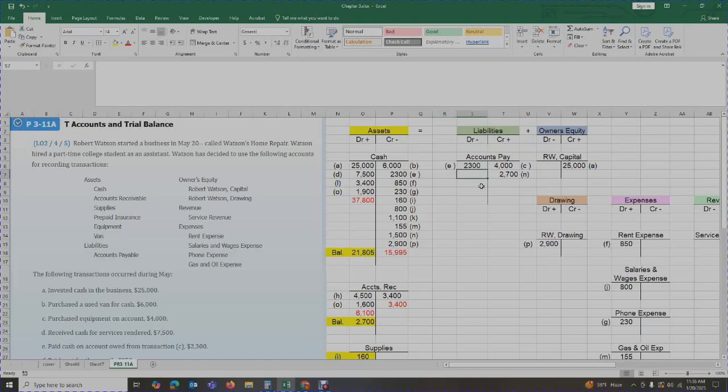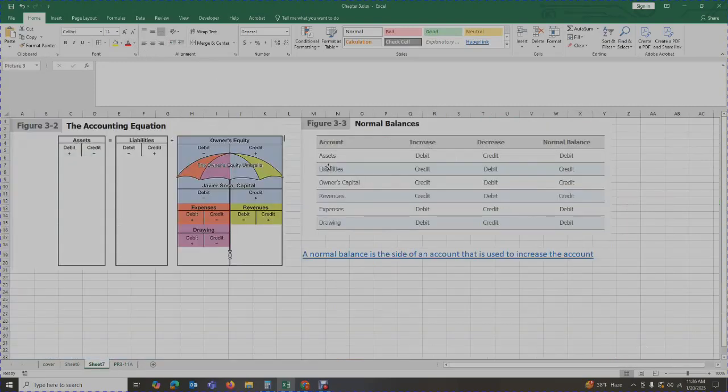accounts payable. So I've got 2,300 on the debit side, and let's see how much we have. I've got 6,700 on the credit side. So for liabilities, my normal balance should be a credit.